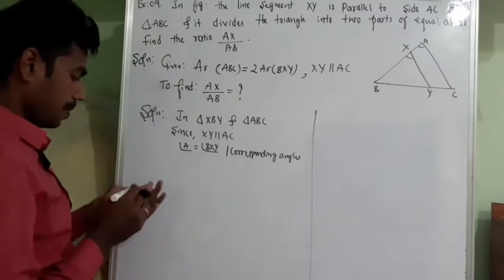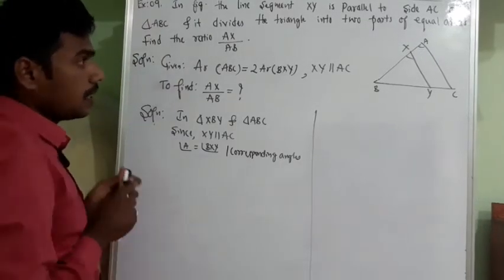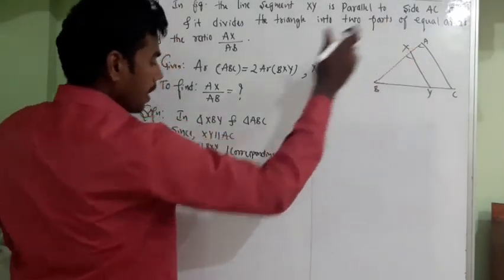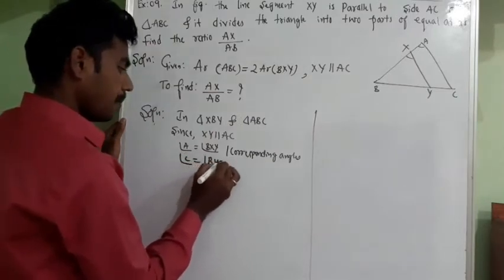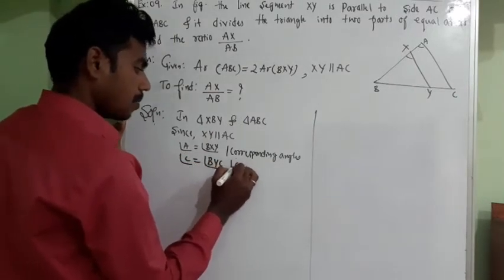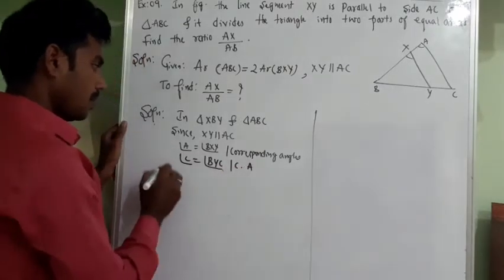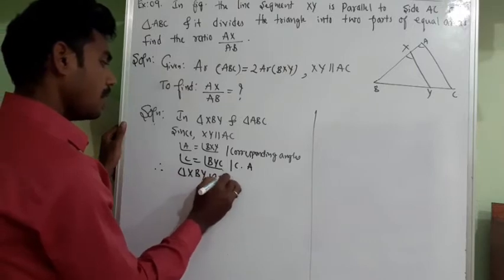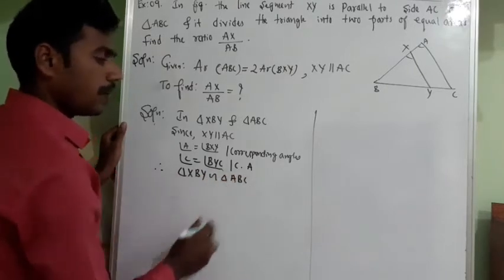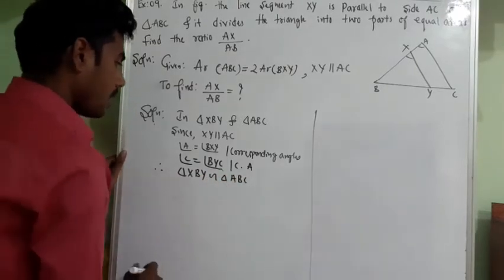Next, angle C is equal to angle BYC. Same corresponding angles. So therefore, triangle XBY is similar to triangle ABC. Fine. Now what can I write?